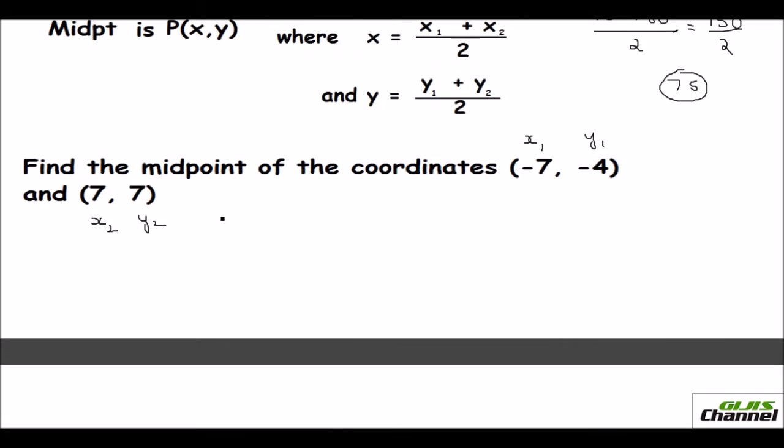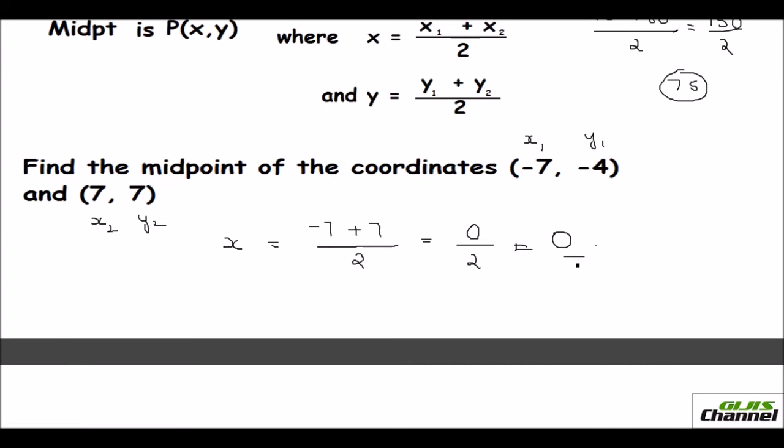Now to find the midpoint, we need to know what your x and y are. Your x will be the sum of the x coordinates. So that is x1, -7, plus 7, divided by 2. That would be 0 divided by 2, and your x coordinate is equal to 0.